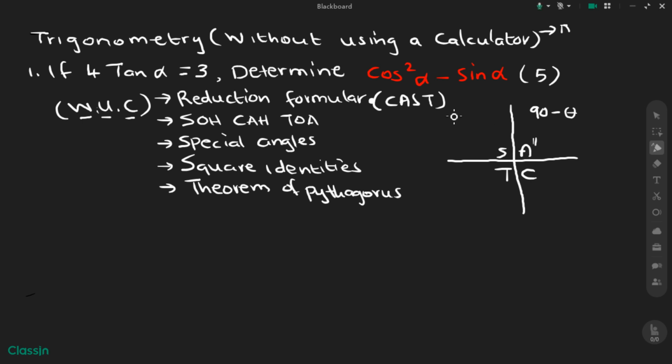Sine is positive in the second quadrant, where we get 90 plus theta and also 180 degrees minus theta.